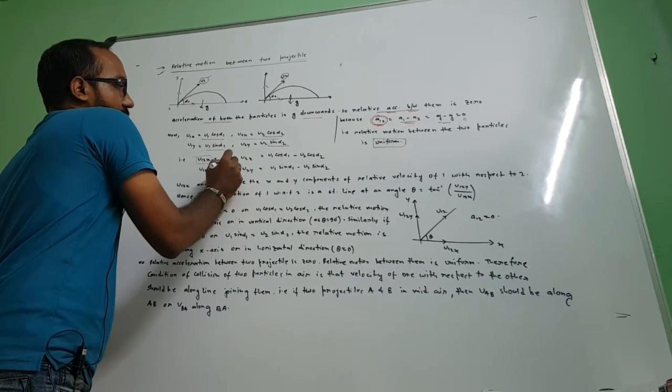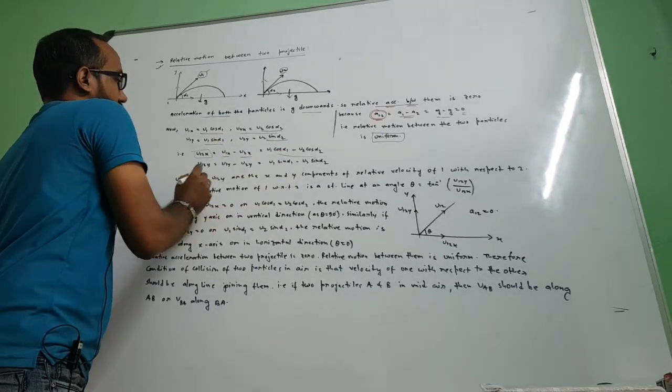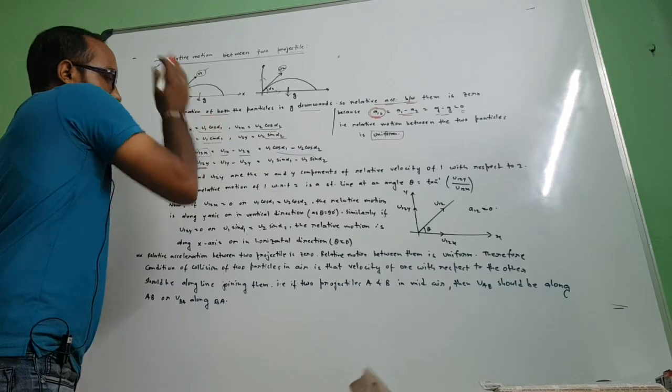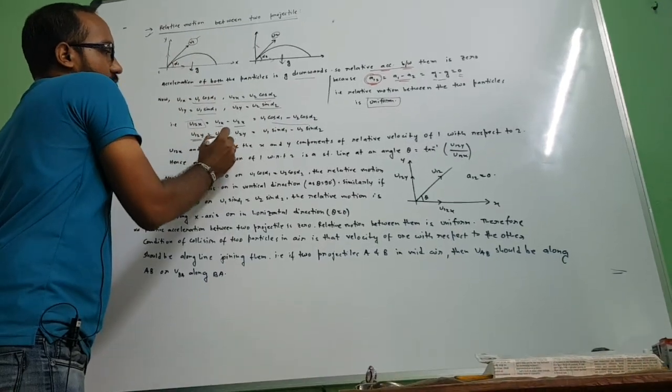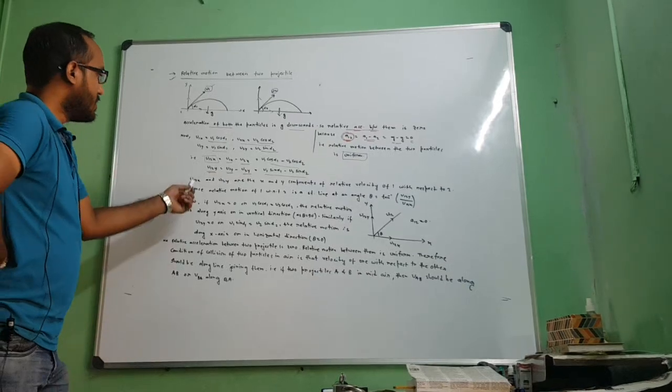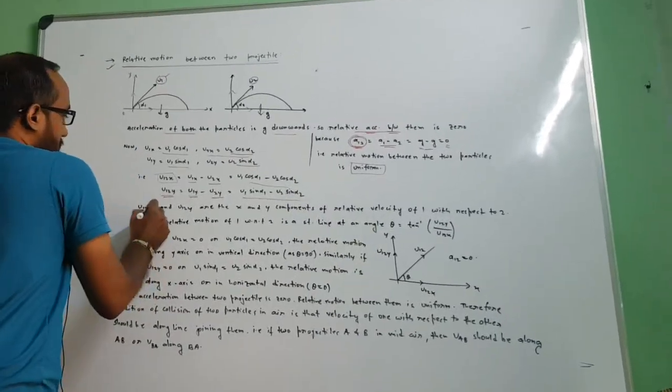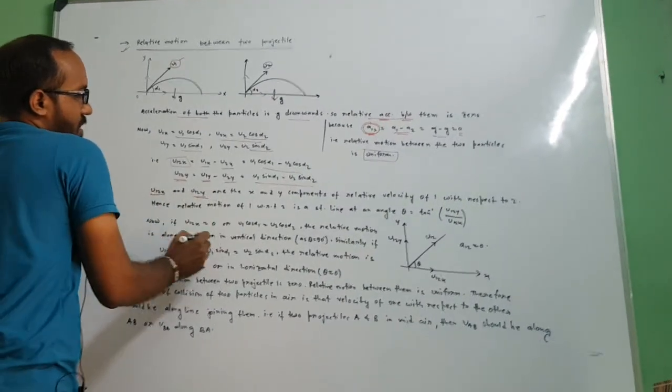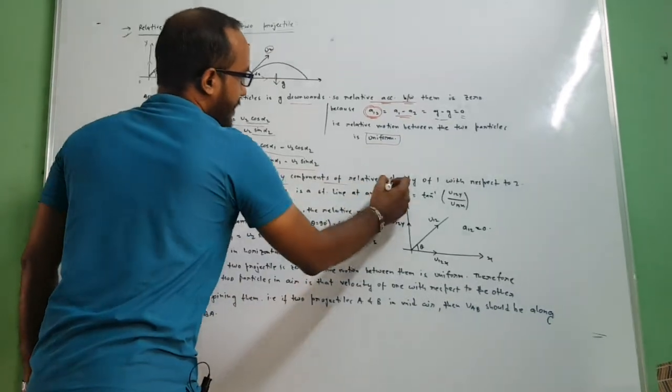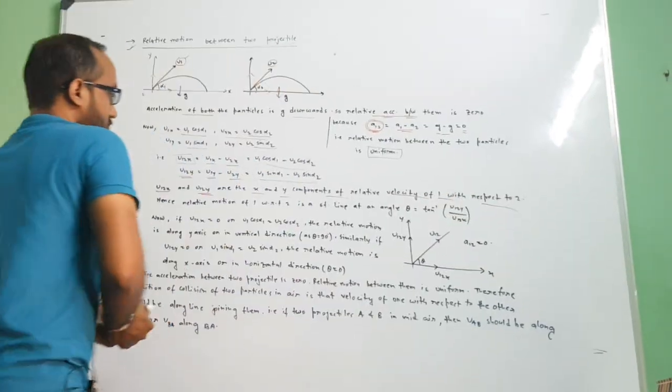So it would be u1x minus u2x. Put the values. What would be relative velocity in y direction? That is u12y is u1y minus u2y. That is this. u12x and u12y are the x and y component of relative velocity of 1 with respect to 2.